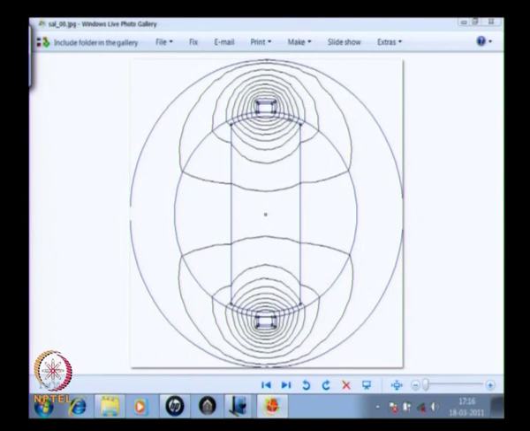It would decrease as you travel from here. This region would have a very low flux density, and the flux density again increases as you travel to this area. In this area you can see that there is very little flux. So here again there is a dip in flux density, and then flux density again rises and then falls down. This is the situation for the rotor like this.